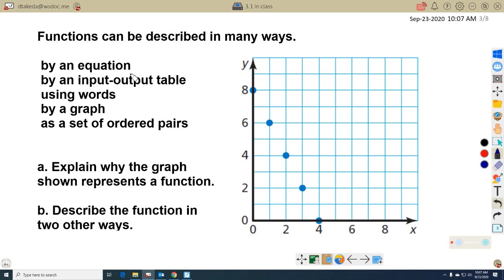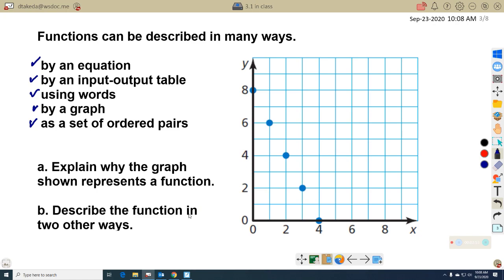Functions can be described in many ways: by an equation, and we'll be dealing with those a lot; by an input-output table, where you see the x and y values either side by side or one above the other; by using words, which sometimes we'll convert into equations or input-output tables; by a graph, and here's a graph over here; and as a set of ordered pairs, and we saw what one of those might look like.